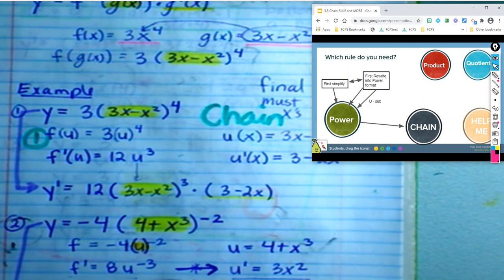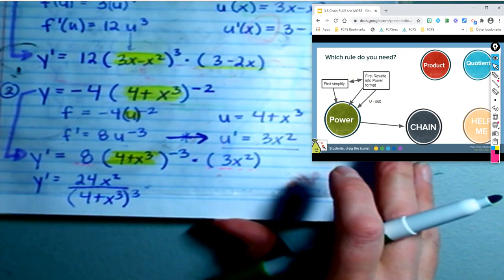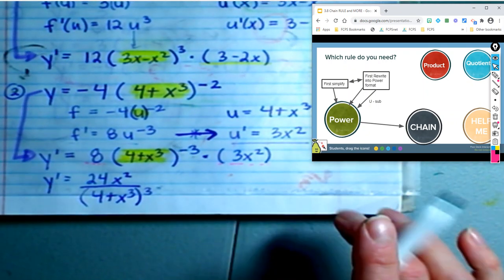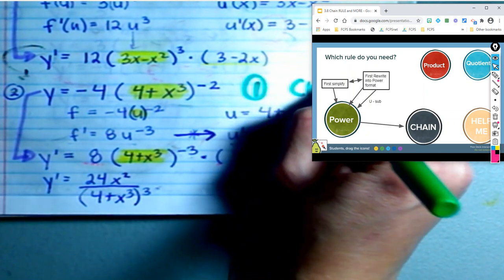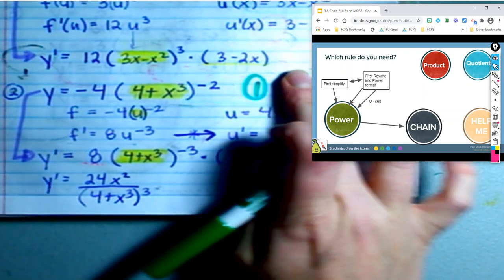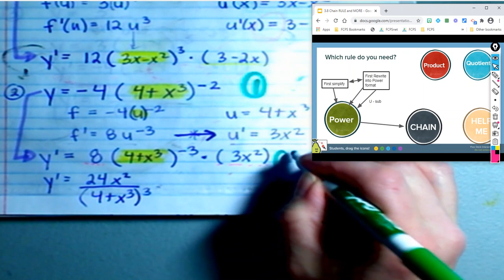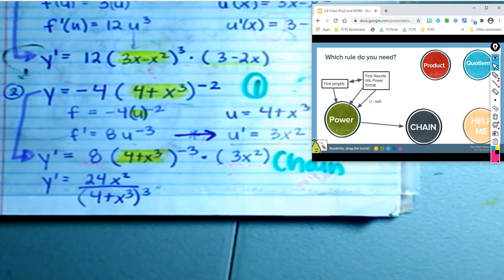Chain rule. Okay, so let's look at the second problem. What rules did I use? First, I did the chain rule. Notice that the two black boxes, those aren't rules, okay? Those are just different ways to rewrite the problem.